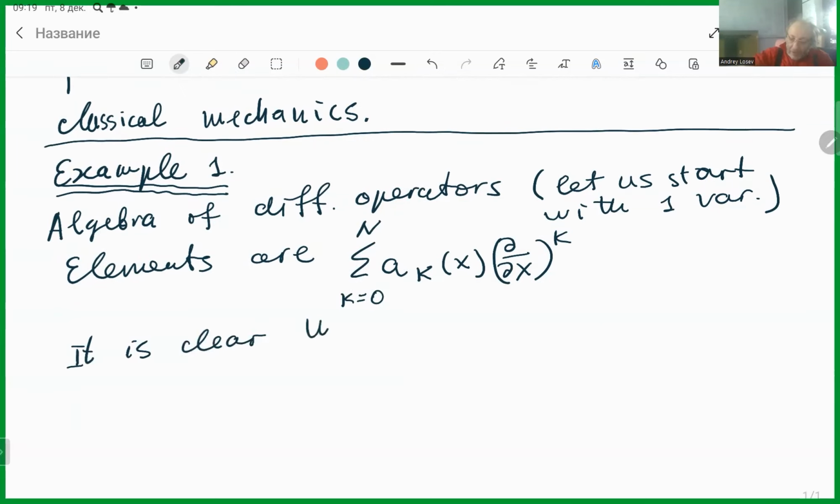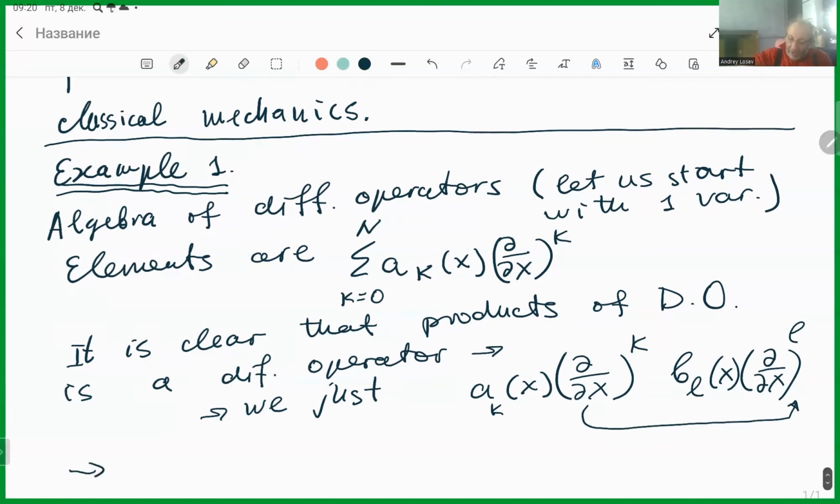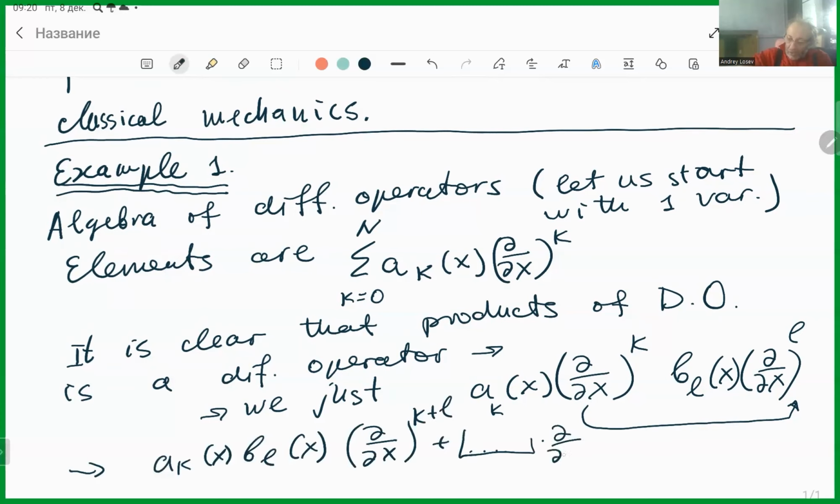It is clear that the product of differential operators is a differential operator. Suppose we start with this one and with this one. We just need to take derivatives from the left to the right, and as a result, we will get something like plus something d over dx to the power k plus l minus 1 plus etc.